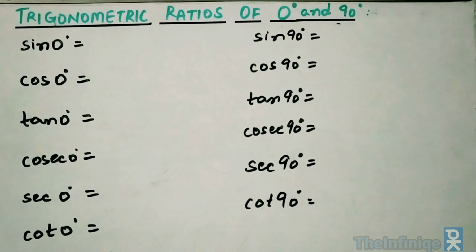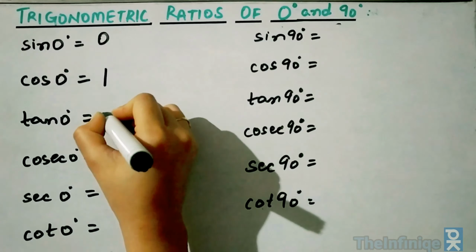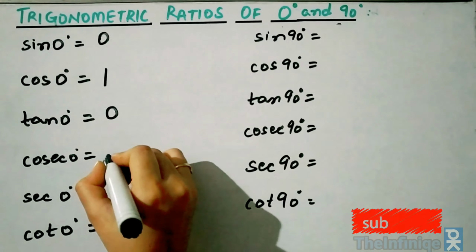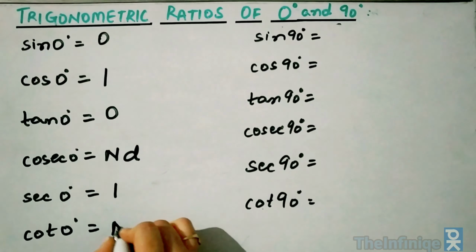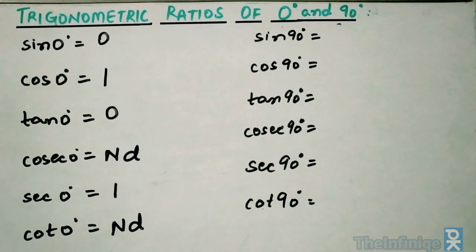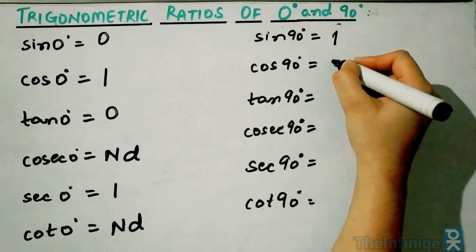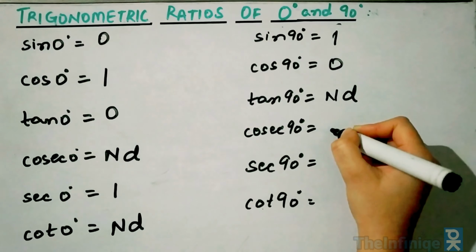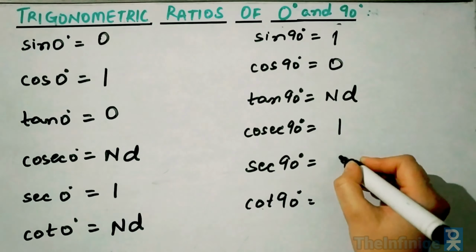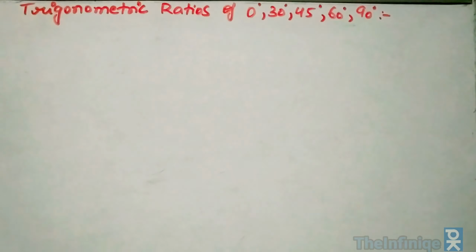So we have sine 0 degree is 0, cos 0 is 1, tan 0 is 0, cosec 0 not defined, sec 0 is 1 and cot 0 not defined. Similarly, sine 90 degree is 1, cos 90 degree is 0, tan 90 degree not defined, cosec 90 degree 1, sec 90 degree not defined and cot 90 degree 0.